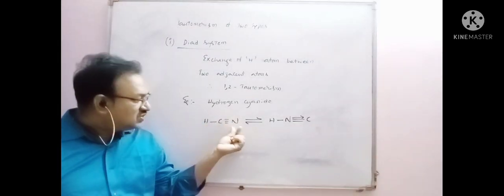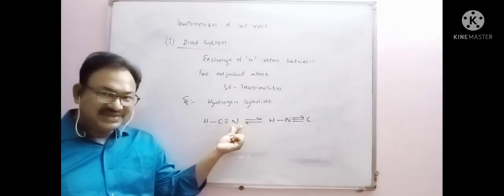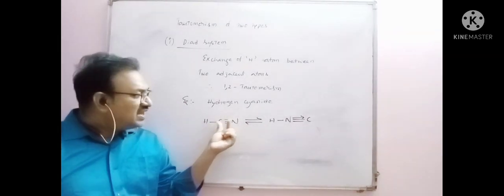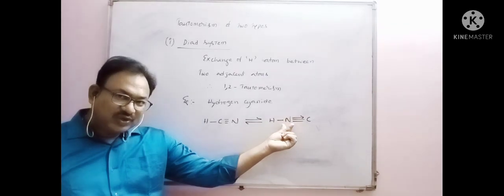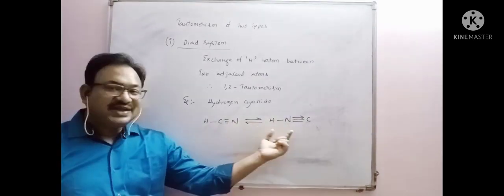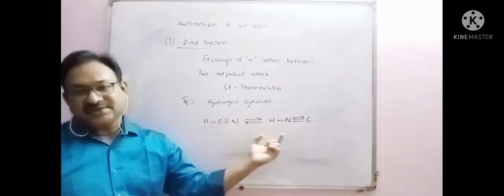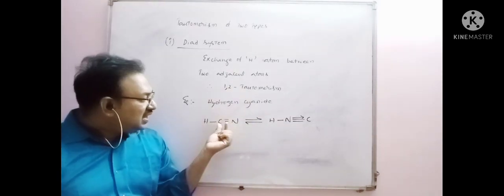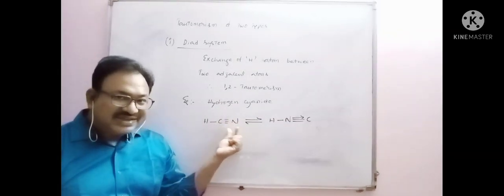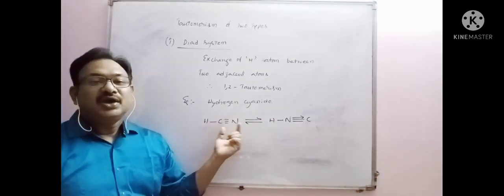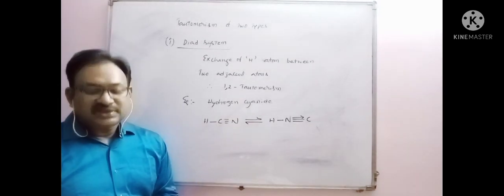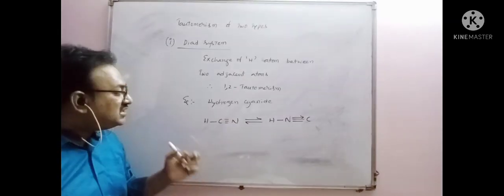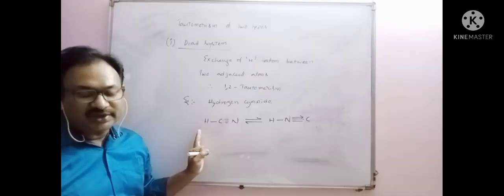In between these two, the hydrogen atom is exchanged. In the first case, hydrogen is attached to carbon, whereas in the second case, it is attached to nitrogen. So these two are interexchangeable or interconvertible, and these two exist in dynamic equilibrium. Here it happens between two adjacent atoms. That's why it is called 1,2 tautomerism, or also called dyad system of tautomerism.